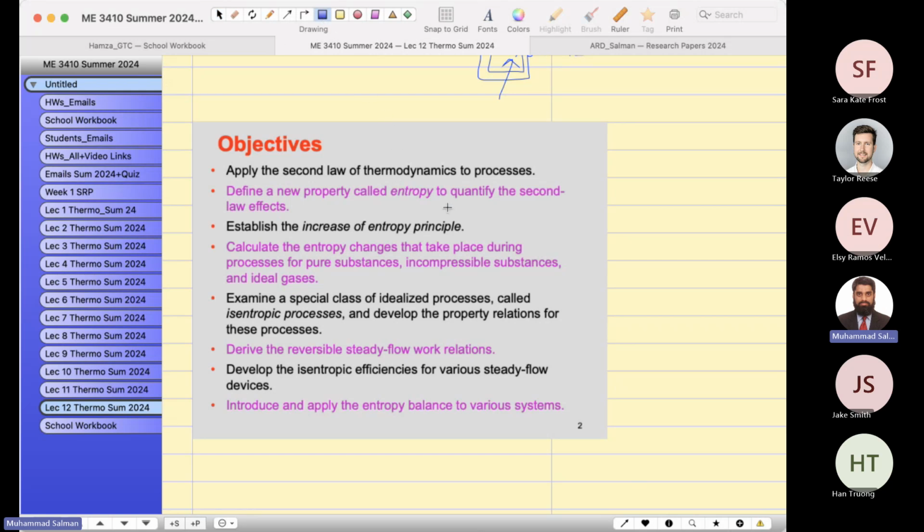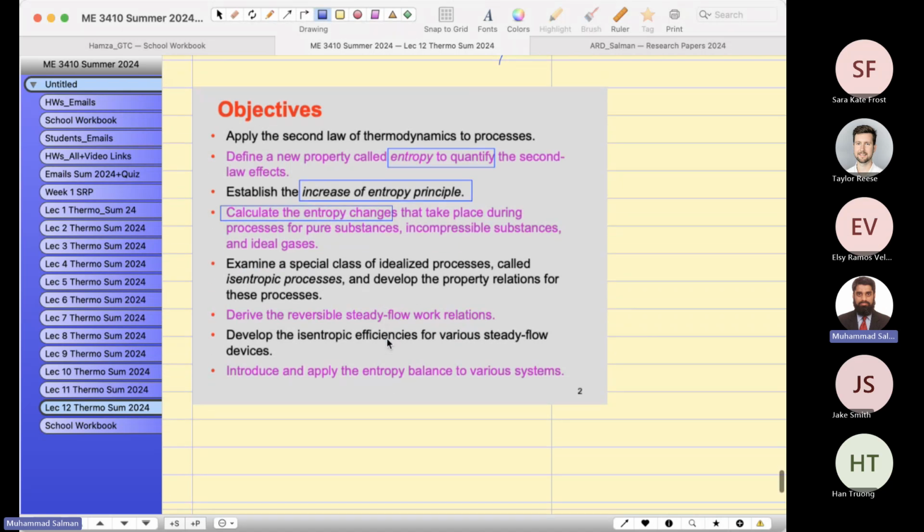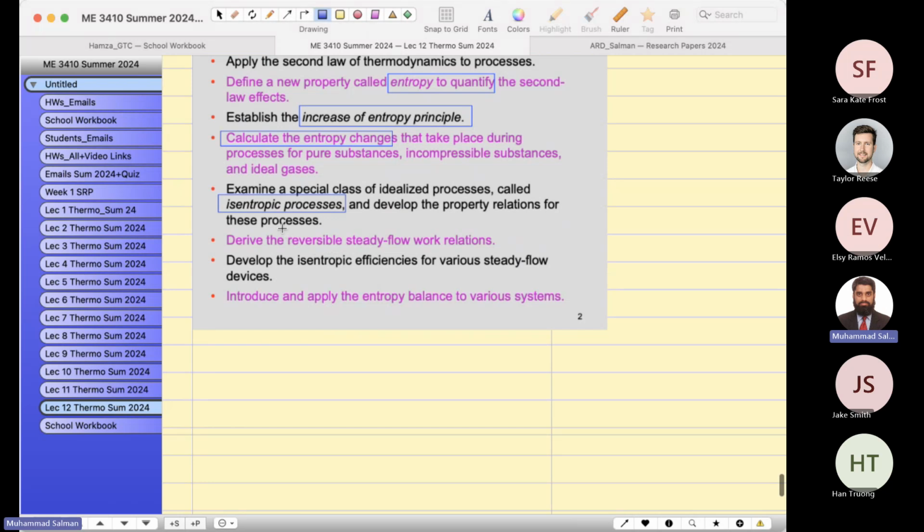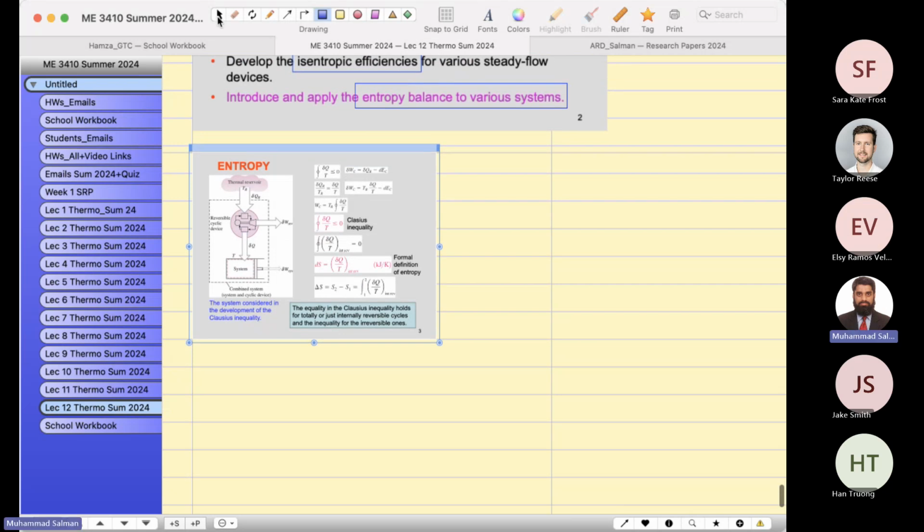You will apply the second law of thermodynamics, the new property entropy, to quantify the second law effects, establish the increase of entropy principle, and calculate the entropy changes, examine a special case idealized process called isentropic process, derive the reversible steady flow work relationship, isentropic efficiencies, introduce and apply entropy balance. So these are the topics which you will study in this chapter.